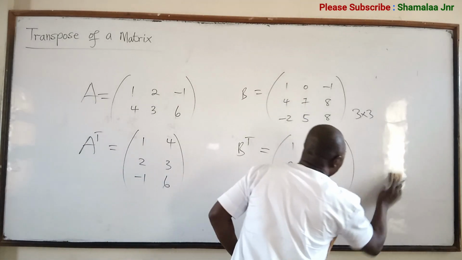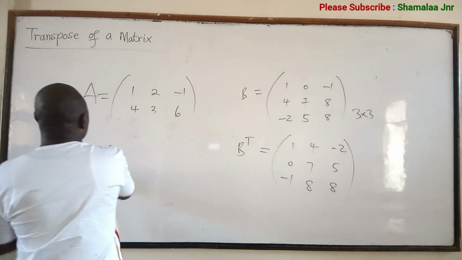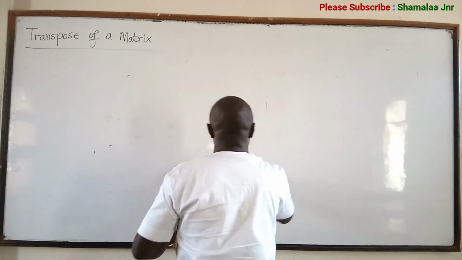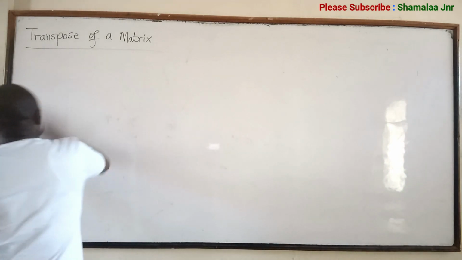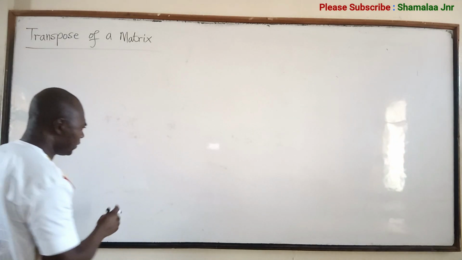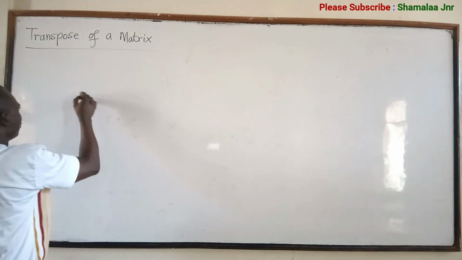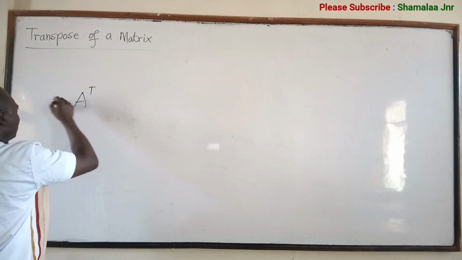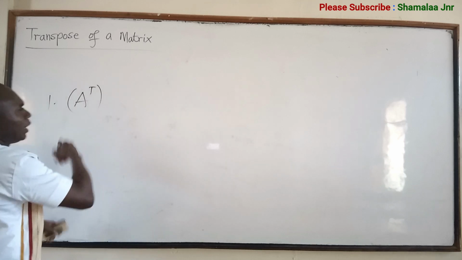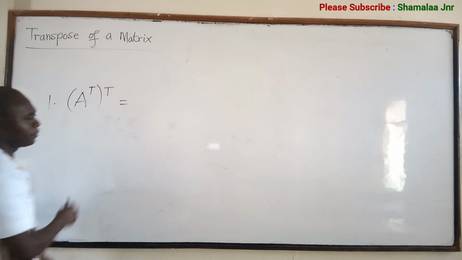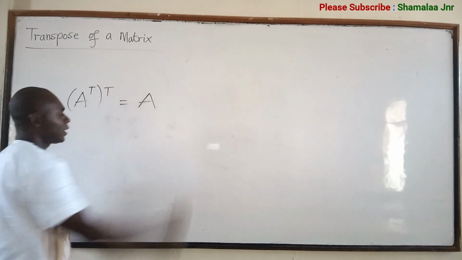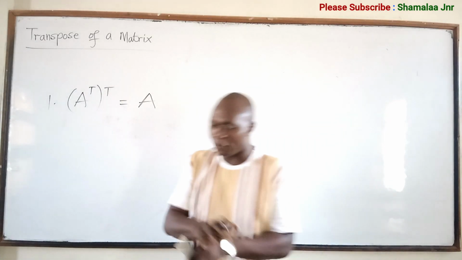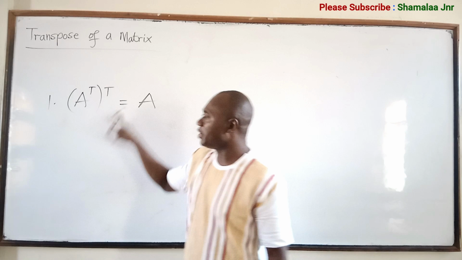Now, let me also explain this to you. For the transpose of a matrix, the following statements are true. When you have a matrix A and you transpose it, and then transpose it again, you are going to get back A. So the transpose of a matrix's transpose is the original matrix.